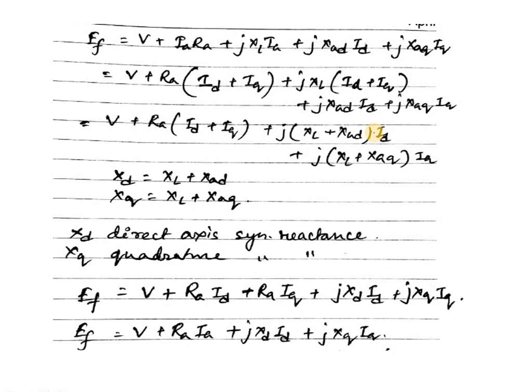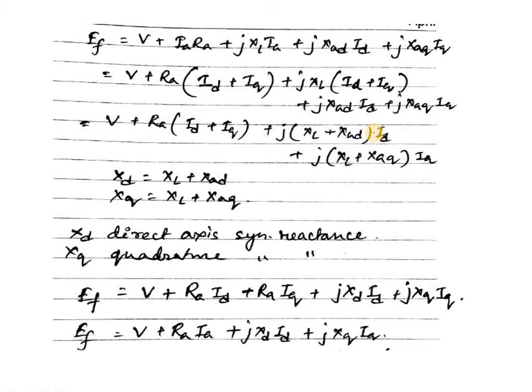So from here we can write that Ef, the induced field EMF, will be equal to V plus IaRa plus jXlIa plus jXadId plus jXaqIq.